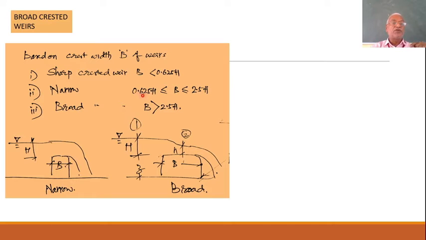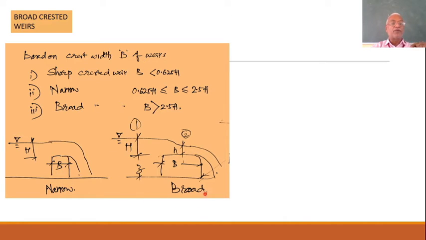If it is in the range of 0.625 H to 2.5 times H, then it's narrow crested. If B is too large, more than 2.5 H, then it will become broad crested.